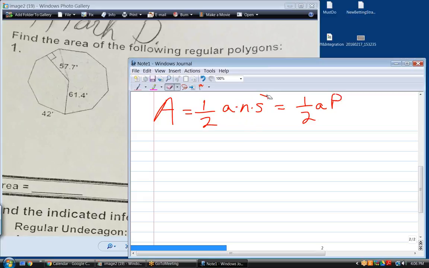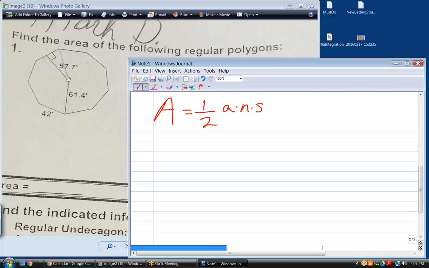So either of these formulas works. In general, I like the one on the left. Even though it's longer, the fact is that we don't often get the perimeter, but we do get numbers like the apothem. We can count up the number of sides, and we have the side length.